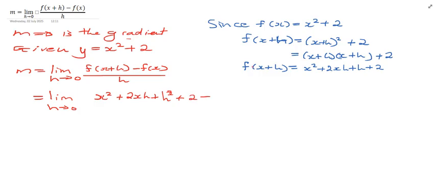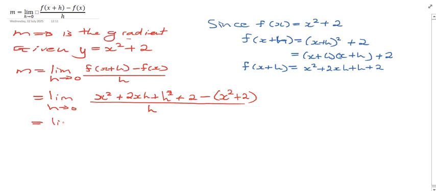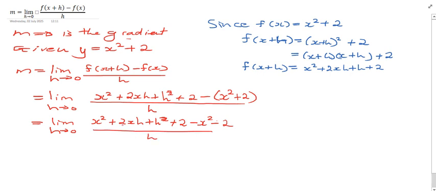This function is subtracted by f of x, which is x squared plus 2, divided by h. So this will give us the limit as h approaches 0, and we have x squared plus 2xh plus h squared plus 2 minus x squared minus 2 all over the function h.